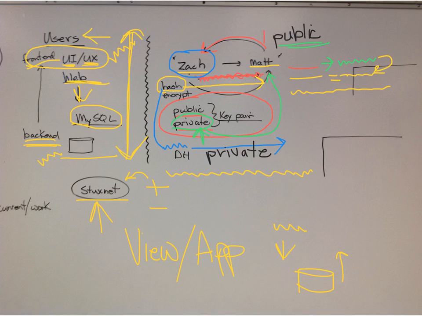So now he also can send his public key over. So Matt can decrypt it with the public key, and then of course he can check it with the hashes. If they're equal, then the message had to come from Zach.